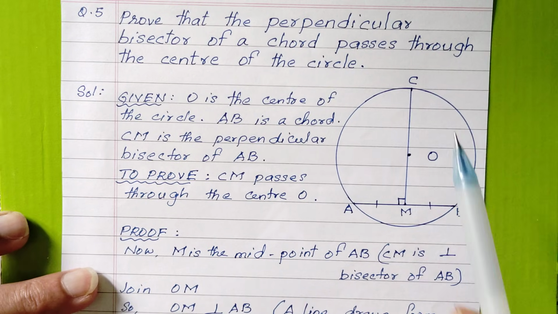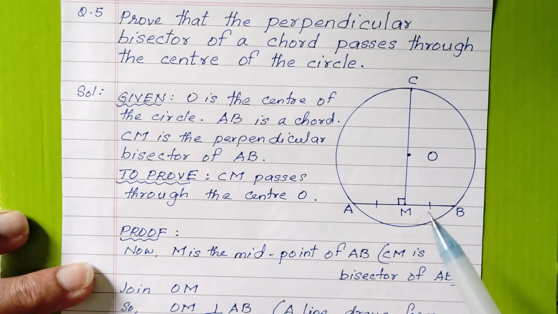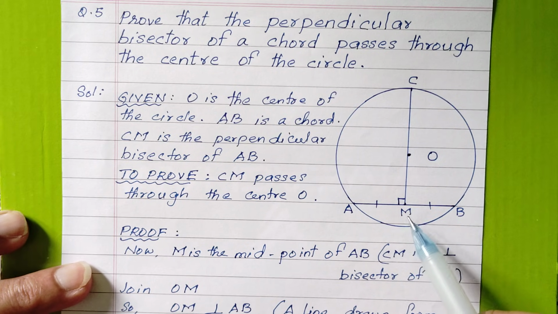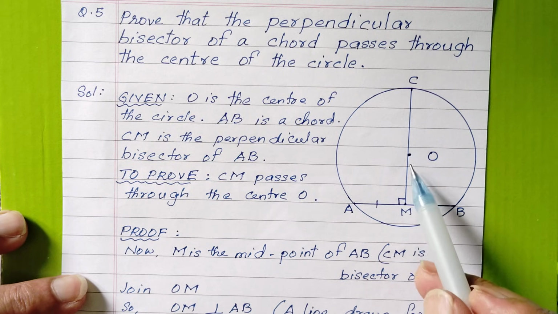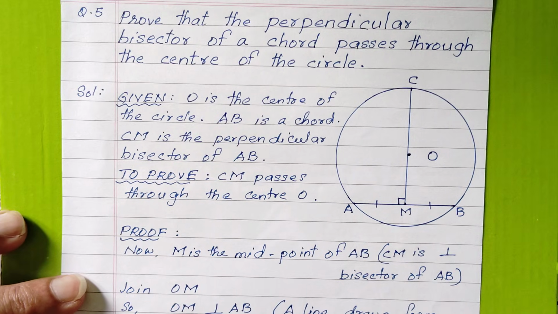You can see here, we have been given that CM is the perpendicular bisector of AB. Next, what we have done? We have joined OM. M is the midpoint of AB. We have also shown that OM is the perpendicular bisector of AB.